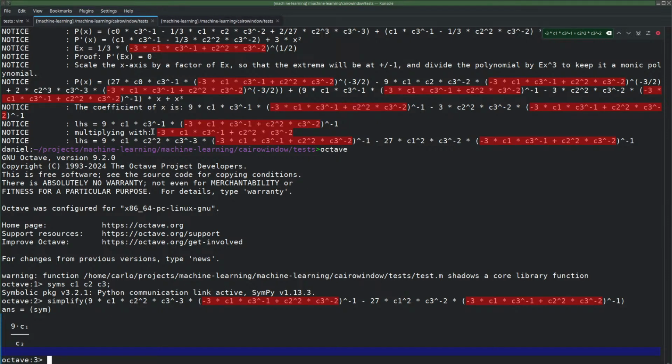And then that part is combined with this, so you get -27, -3 times 9. And then we have C1 times C1 squared. And we divide by C3 twice. And then the highlight still. So yeah.